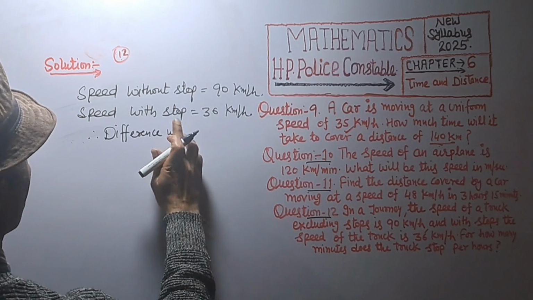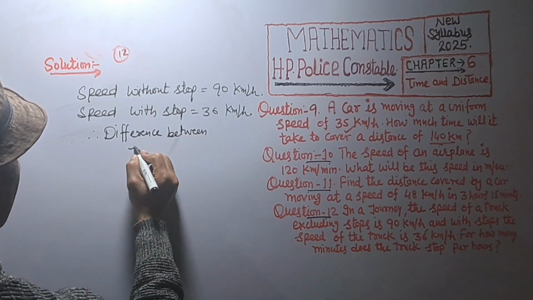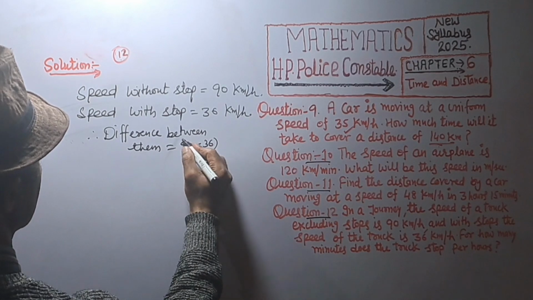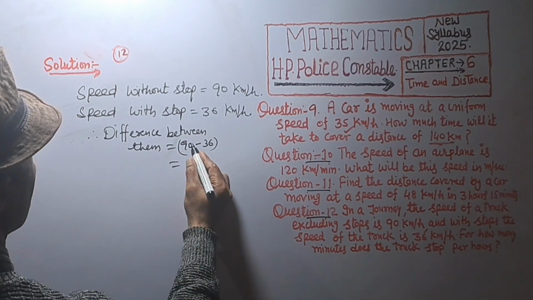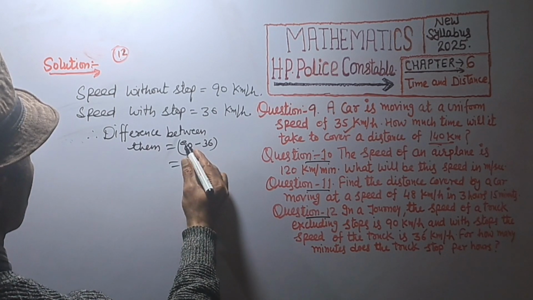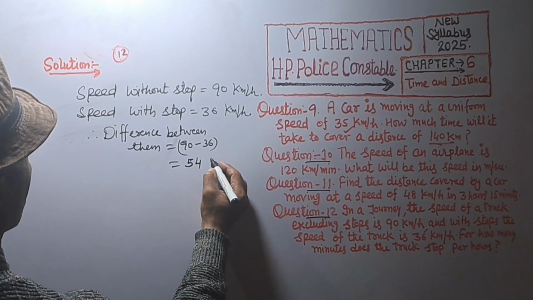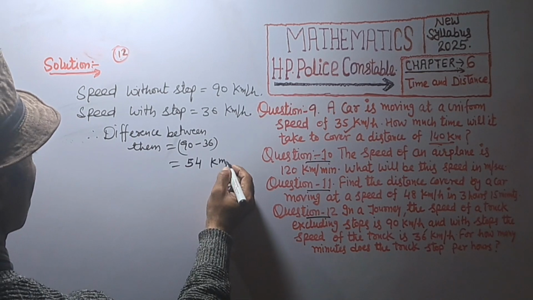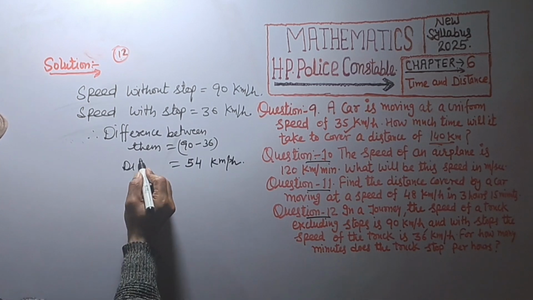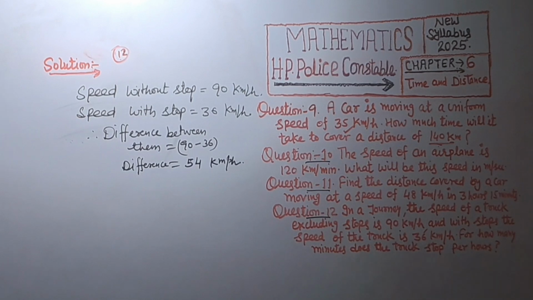Difference between them equal to 90 minus 36, that is 10 minus 6 is equal to 4, 8 minus 3 is equal to 5, 54 kilometer per hour. Difference equal to 54 kilometer per hour.